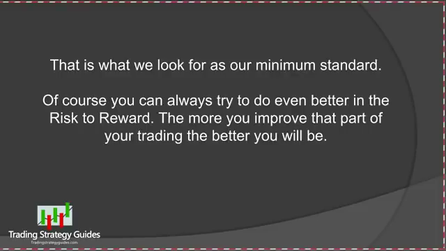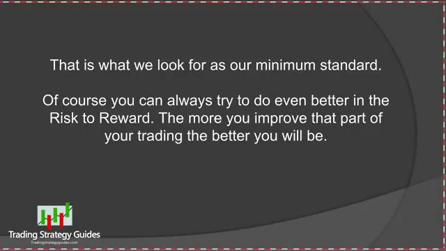So of course you can always try to do better in the risk to reward. The more you improve that part, the better your trading will be. So you can work at making it a 3 to 1, 4 to 1, 10 to 1, even as high as 20 to 1. The more you get better at hitting those bigger trades of 2, 3, 10 to 1, the better your profits are going to be.